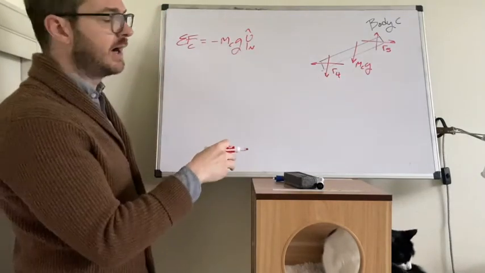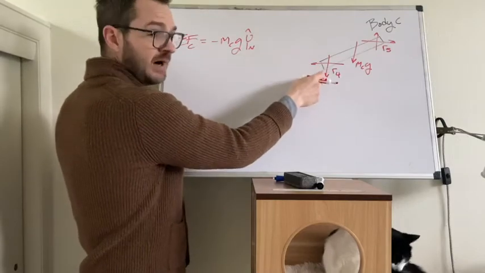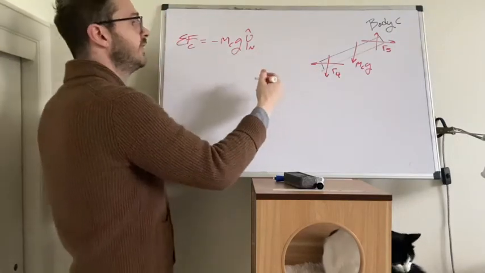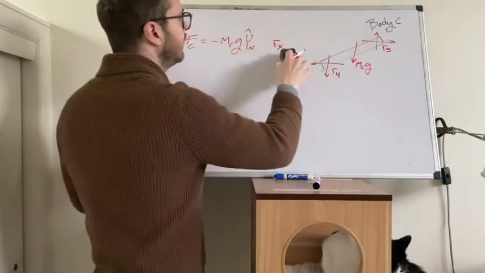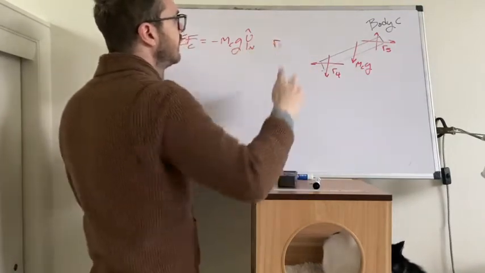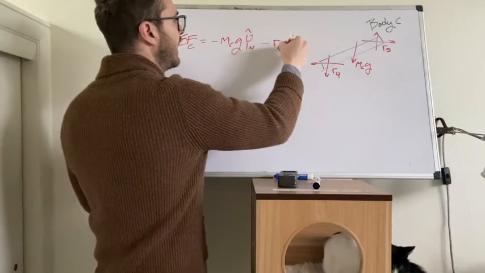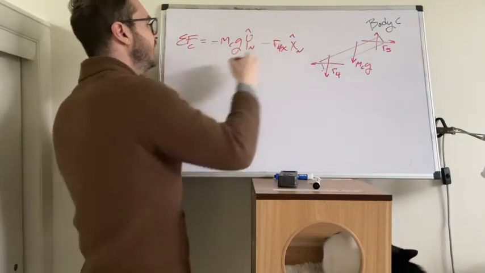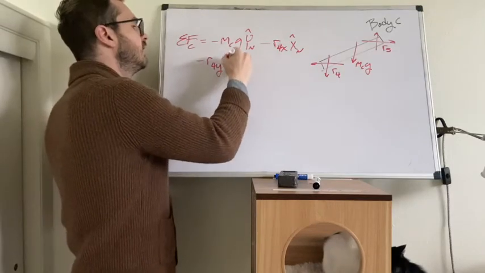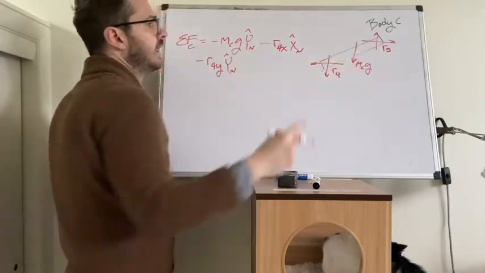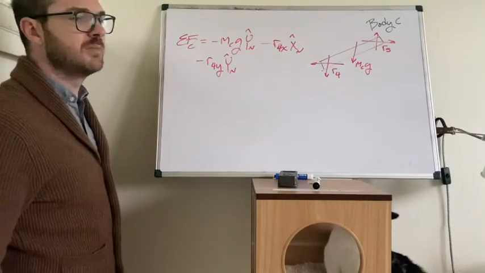Remember on the previous body, these were selected as positive. So on this body, they're negative. These are in the N frame: minus R4x, xn, minus R4y, yn.